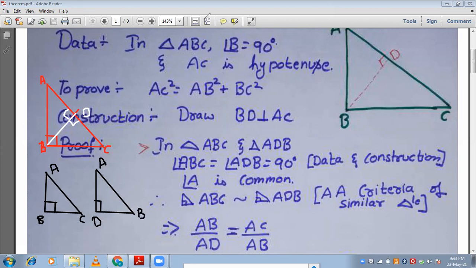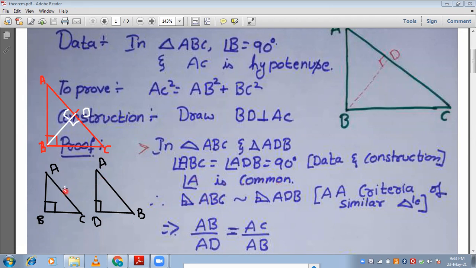Now, in triangle ABC and triangle ADB, angle B equals angle D, which is equal to 90 degrees. It is already present in the data and construction. Next, angle A is common.